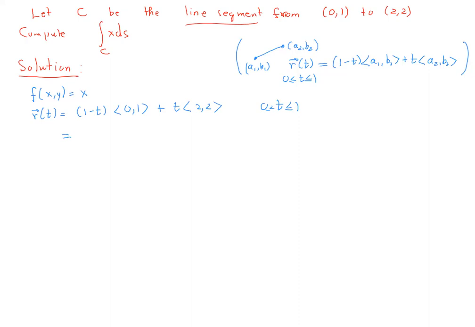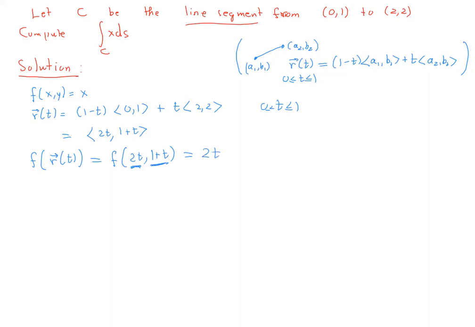This is going to be 2t, and 1 minus t plus 2t, which is 1 plus t. So that's our parameterization. If we plug it into f, this will give us f(2t, 1 plus t). This means that wherever we see an x, we put 2t. Wherever we see y, we put 1 plus t. So that will give us 2t, right?